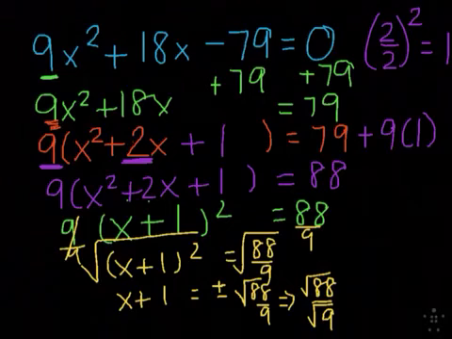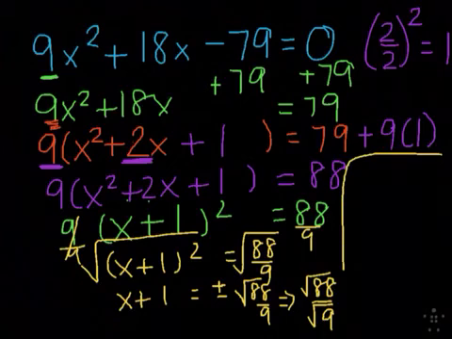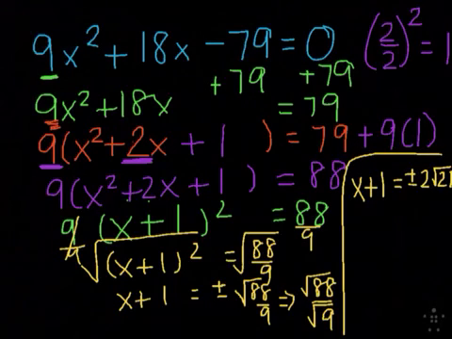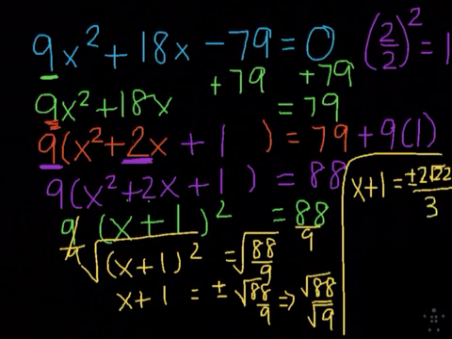So that means we're going to end up with, and I'm just going to use this little space over here because I wrote a little too big, x plus 1 equals plus or minus the square root of 88 is 2 square root 22 over the square root of 9, which is 3.